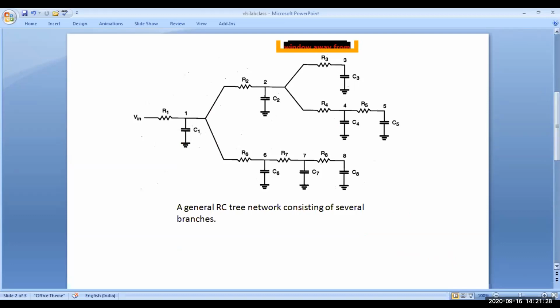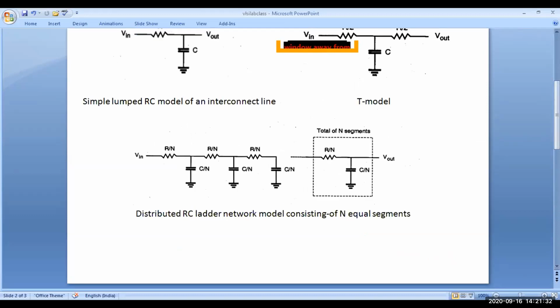We can also do in the tree network, but first I will be showing you for the distributed one. So can you see the distributed circuit? This one? Yes. Okay. So here, as you can see the V in here, and the resistances and capacitances values are divided for total n segments. So we are going to take here 10 segments.